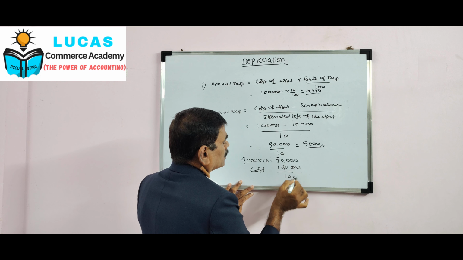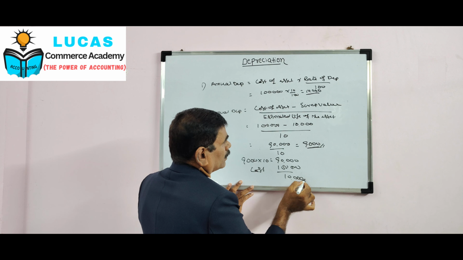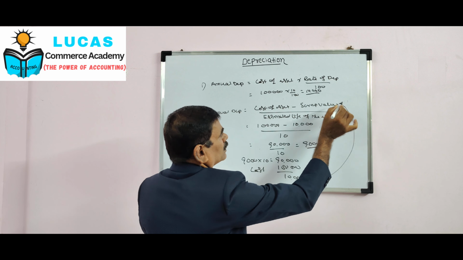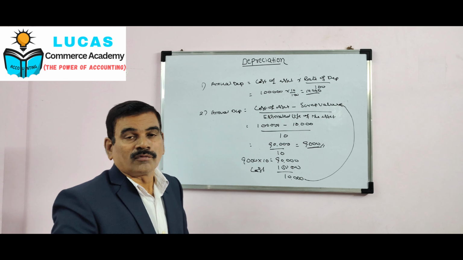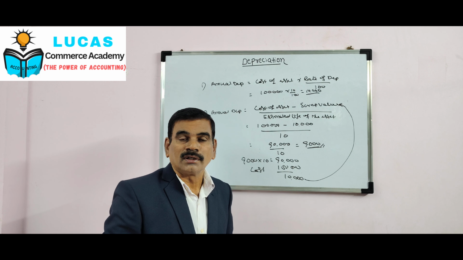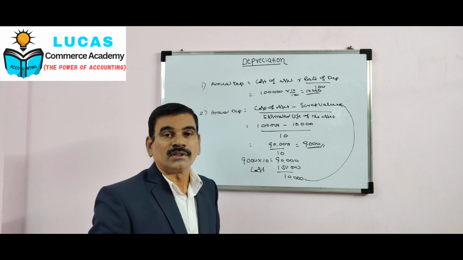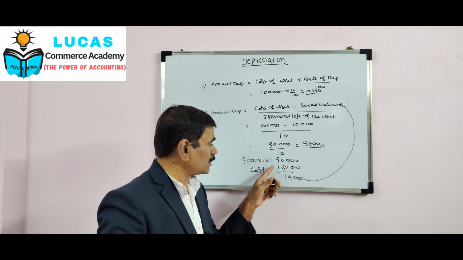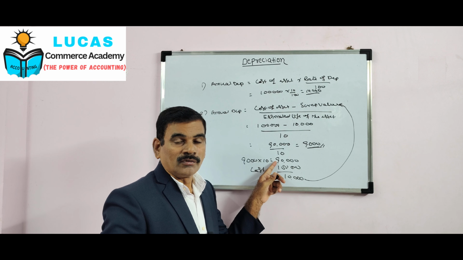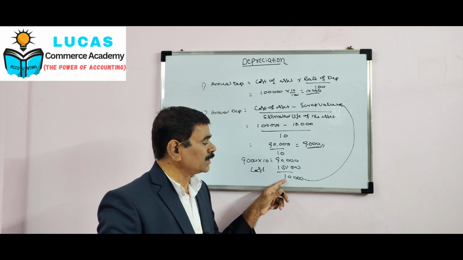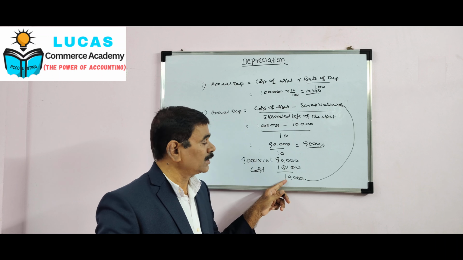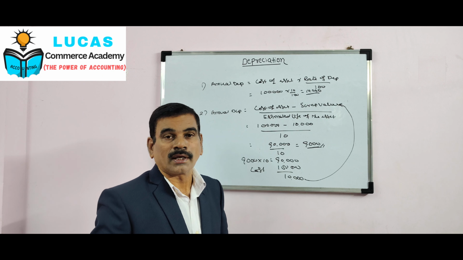So the difference is the scrap value, the value which is realized at the end of the life of the asset. The actual depreciation is 90,000, and we are going to realize 10,000 at the end of the life of the asset. Then the total asset value is 1 lakh.